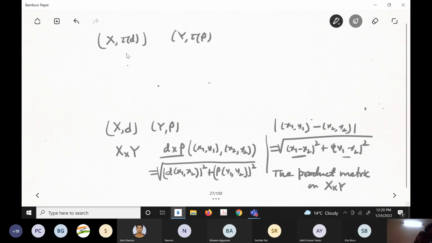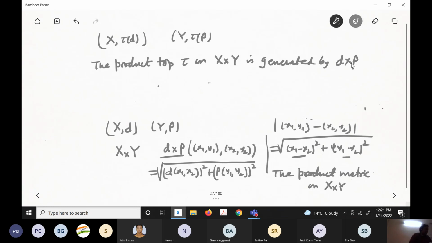Now the product topology tau on X cross Y is generated by D cross rho.